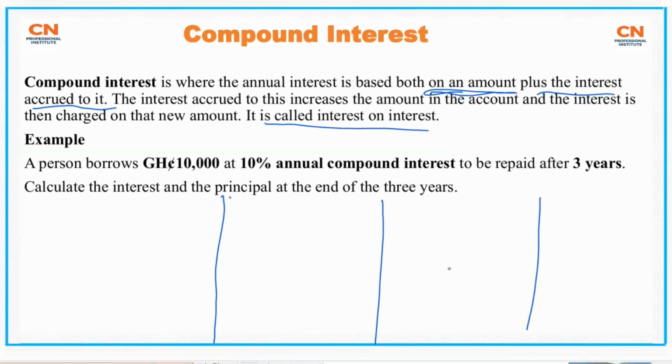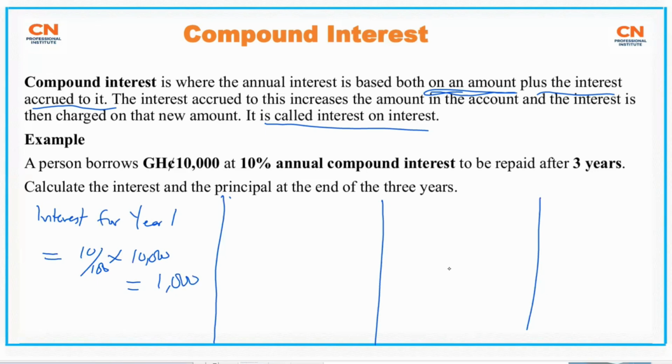So interest for year one. Calculate interest for year one, it will be 10% on the what, the 10,000. Okay. So 10% on the 10,000, it's for only 1 year. So you can make it times one, and that gives you 1,000.